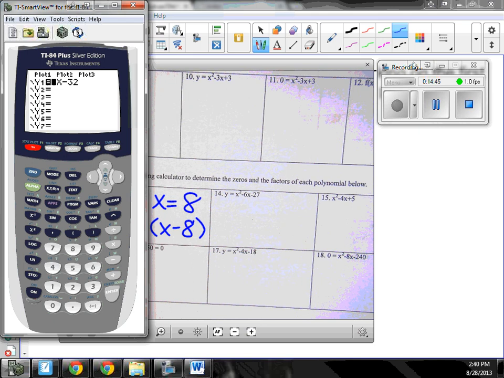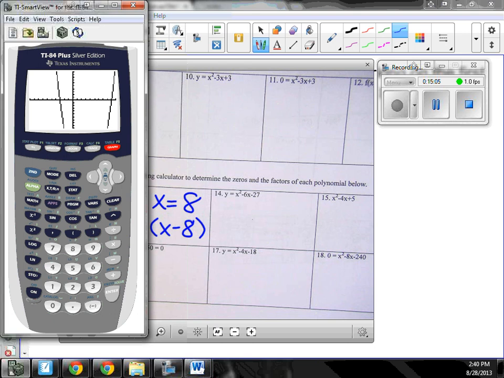So number 14, x squared minus 6x minus 27. And just so you know, all of the answers on this worksheet are whole numbers except one of them. So you don't need to do second calc zero until you find the one that doesn't actually touch a nice number.